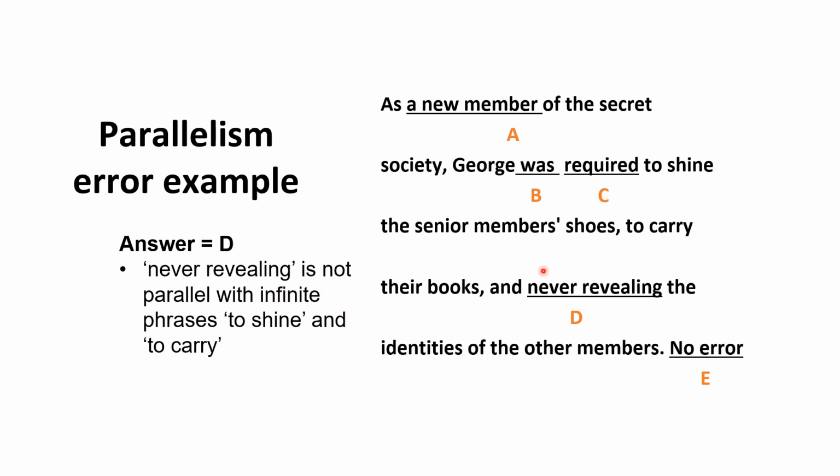If you are going to edit this one to make it a better sentence, it should be "and to never reveal the identities." If you would edit it that way, your sentence is better because the phrases are parallel with one another.